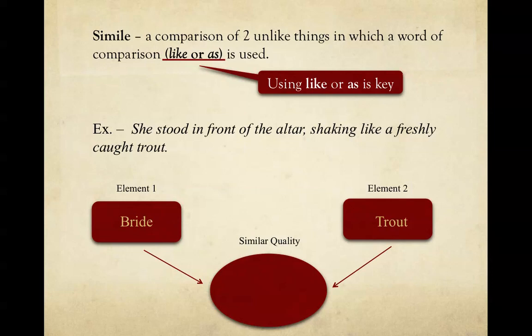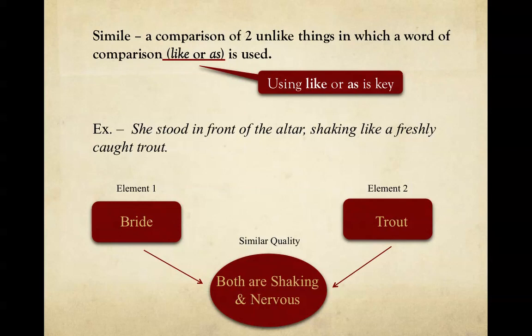But in this case, the comparison works because you can find a similar quality, and that is they're both shaking, they're both nervous. The trout, because it's out of water and can't get a breath in, so it will die, and it's nervous about its life. And the bride is about to make a commitment for the rest of her life to one person, and so is probably very nervous about this very big day.